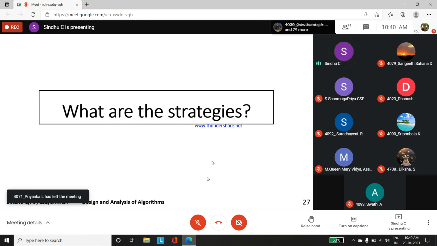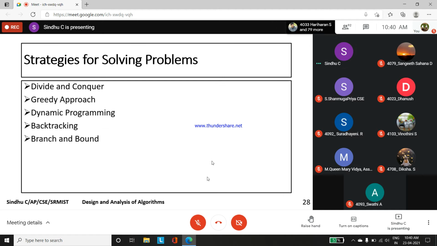Now that we have seen how to analyze an algorithm, we can see what strategies are available to solve algorithms. The prime strategies we can discuss today are divide and conquer, where you are given a set of input, you divide that input into several subproblems, and then you conquer the solution.